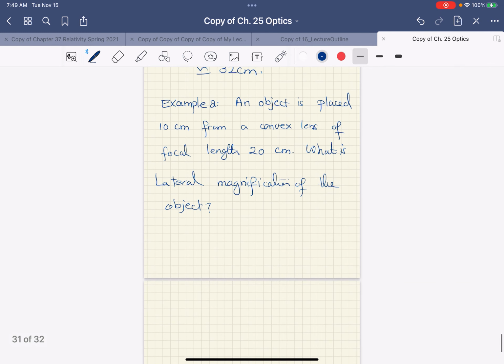We know that magnification is negative V over U. Therefore, I need first to find V. 1 over 10 centimeters plus 1 over V equals 1 over 20 centimeters.